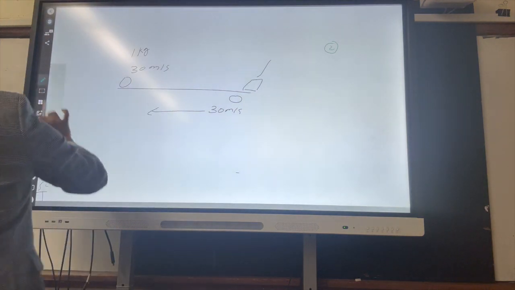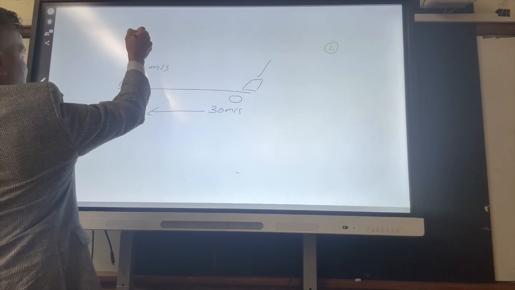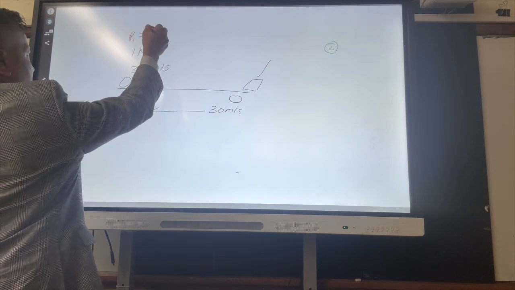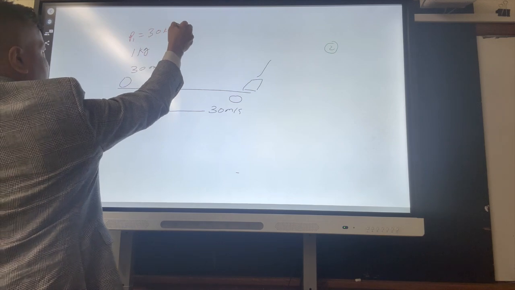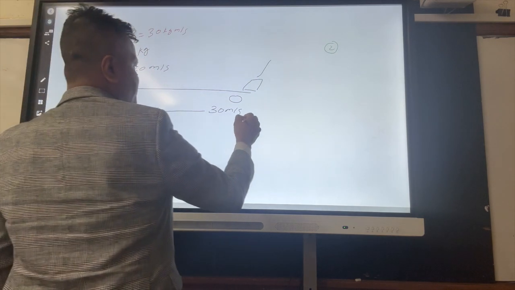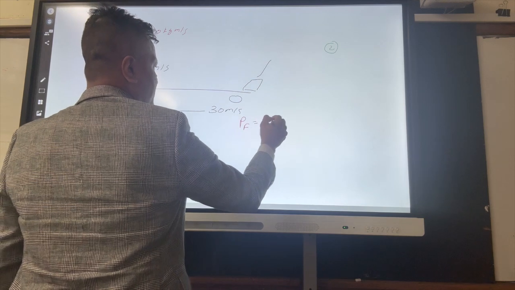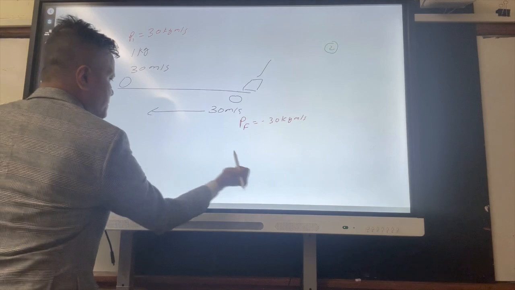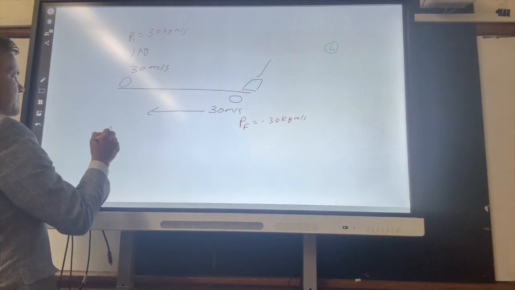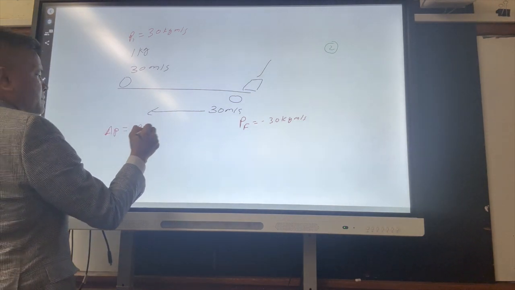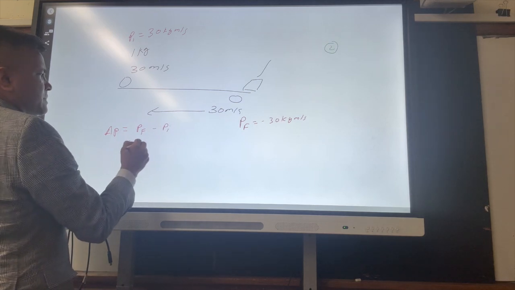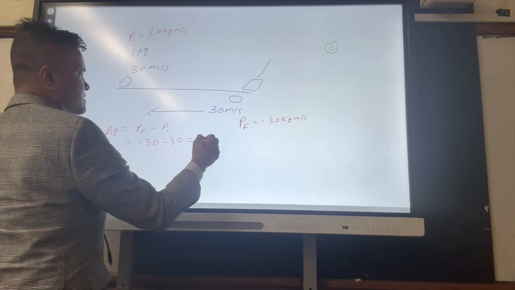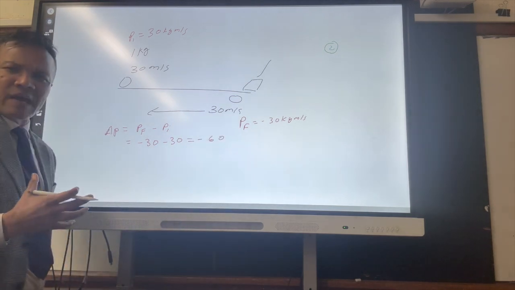So what is the initial momentum? Momentum initial is mass times velocity, so 30 kilogram meters per second. Momentum final is negative 30 kilogram meters per second. What is the change in momentum? Momentum final minus momentum initial: negative 30 minus 30 is negative 60. I ask you to find the average force.